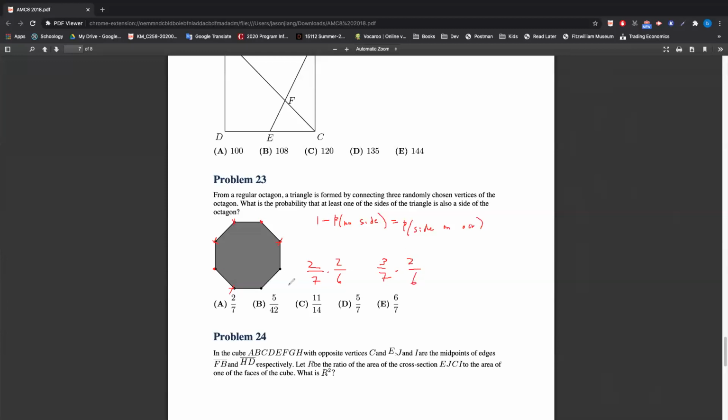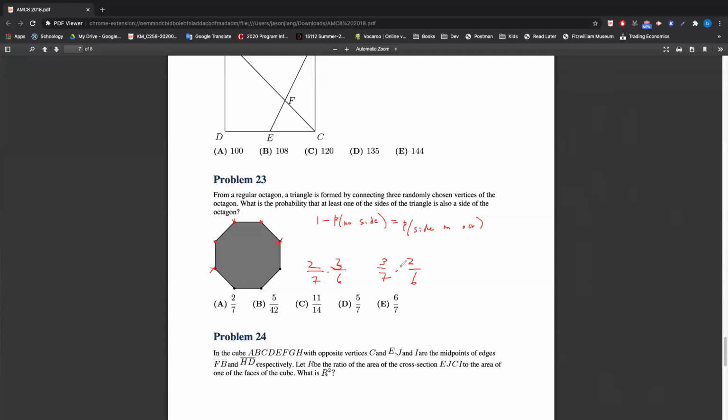I don't think so. Might have had more choices before. Hold on. If we had chosen this one, we would not be able to pick this one. So yeah, we would have had 3 choices, right? Because we cannot pick any of the x'd-out vertices.